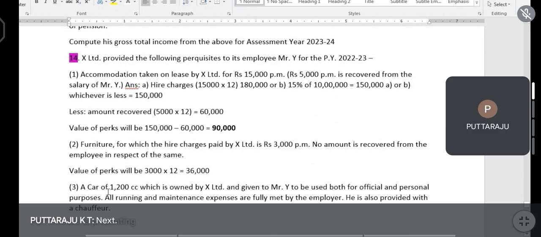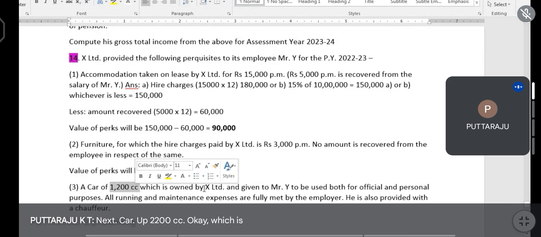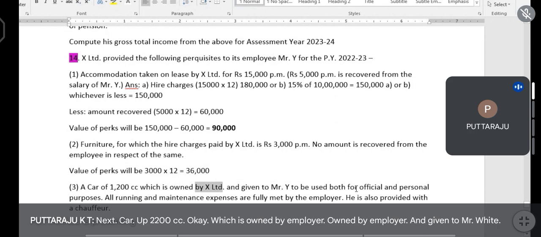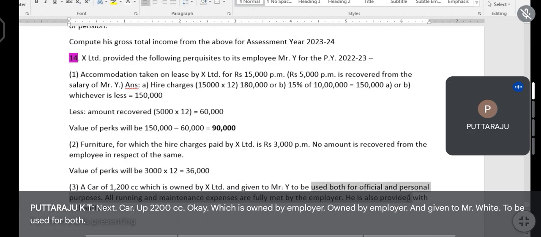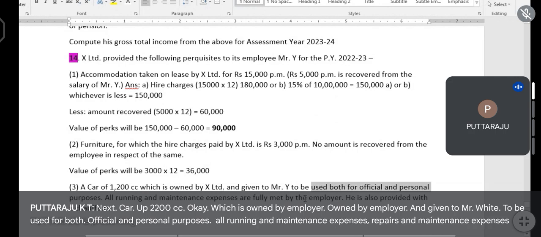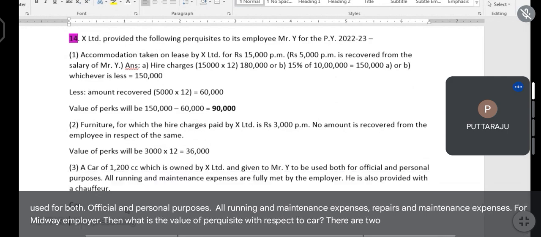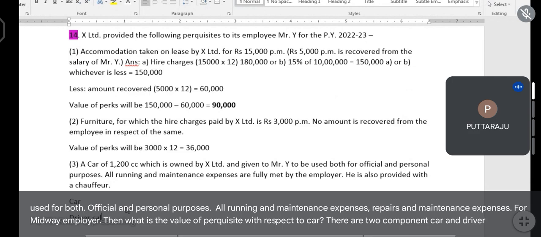Next, car up to 1,200 cc, which is owned by the employer and given to Mr. Y to be used for both official and personal purposes. All running and maintenance expenses, repairs and maintenance expenses are met by the employer. Then what is the value of perquisite with respect to car? There are two components, car and driver salary. Both components you need to take.